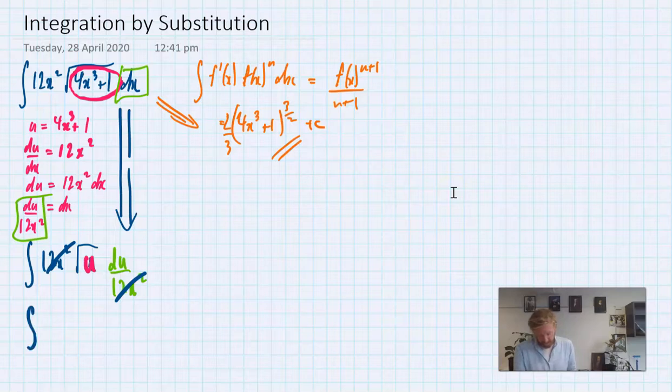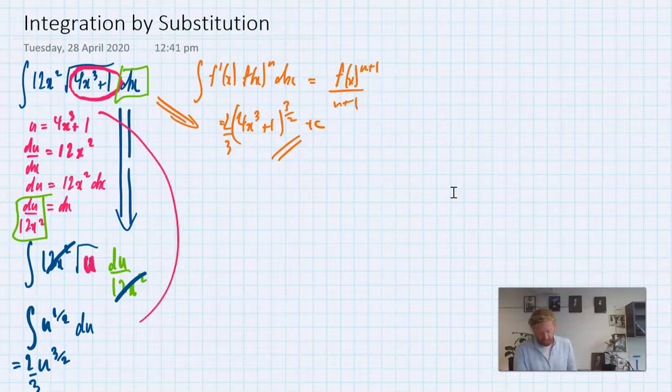Integral of u to the half du equals u to the 3 over 2, 2 over 3. Substitute back in for u. So this guy here, where was u? U's up all the way up there.